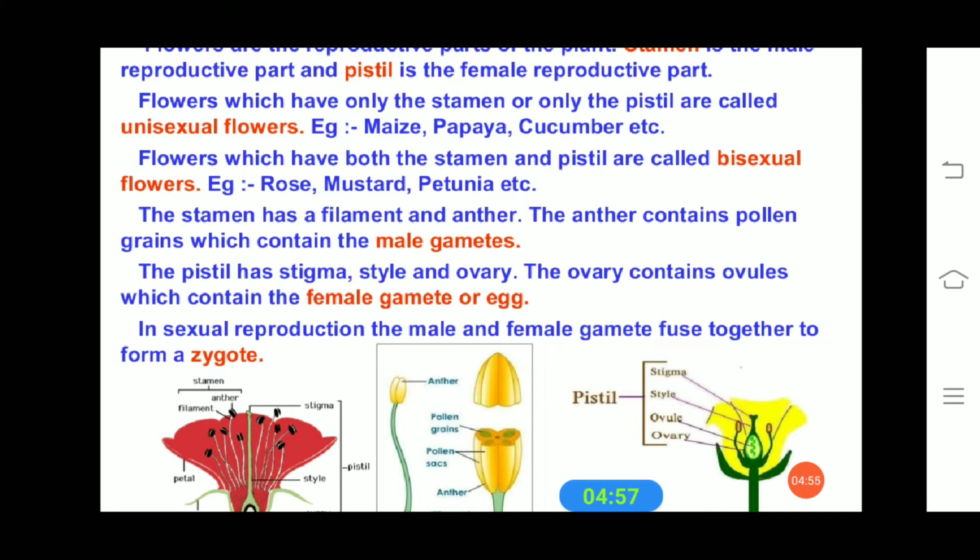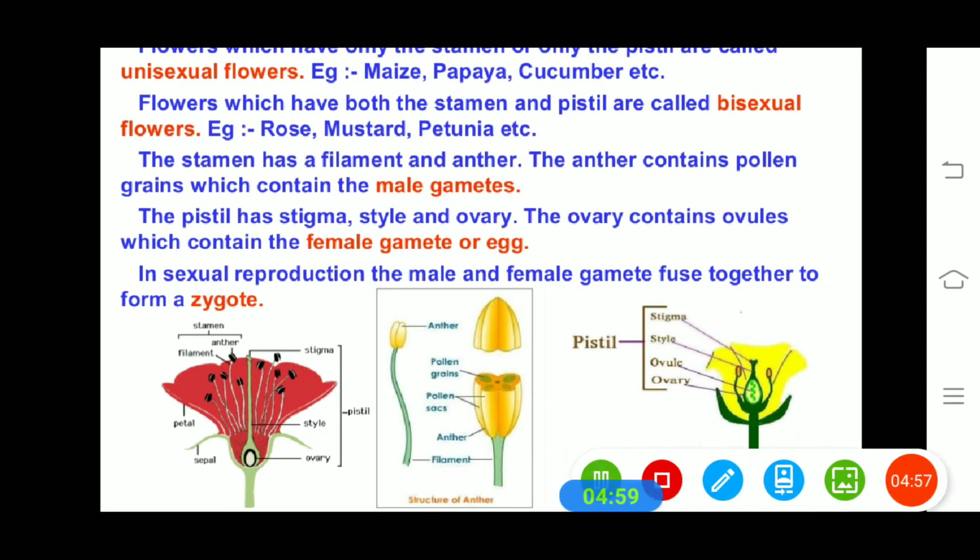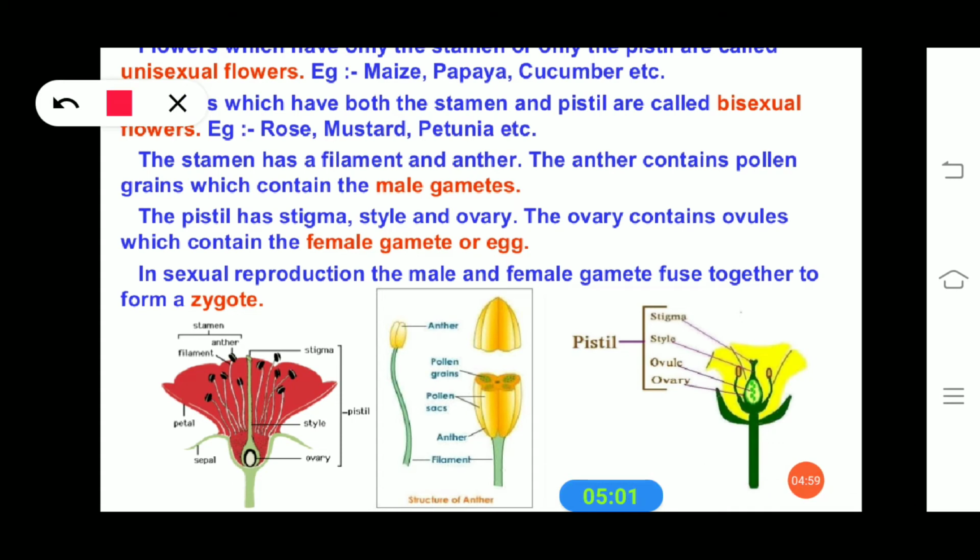Okay, just observe the picture of this structure. In the diagram you might see the anther and filament of a stamen.